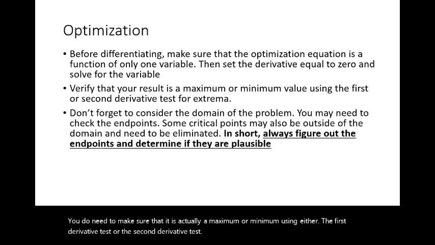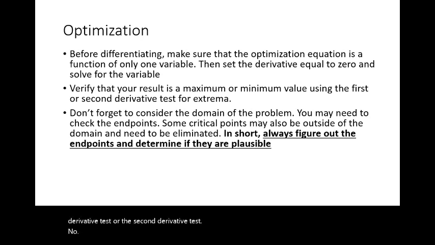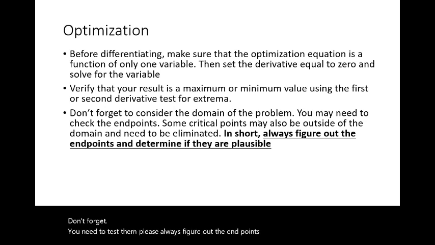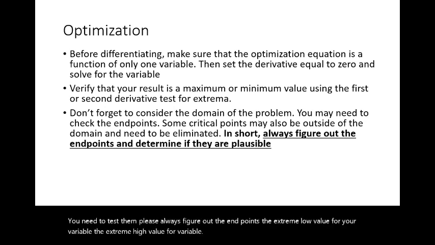Now, don't forget, if your endpoints are plausible, you need to test them. Please always figure out the endpoints, the extreme low value for your variable and the extreme high value for your variable. Some critical points might be outside the domain and need to be eliminated because they wouldn't make any sense.